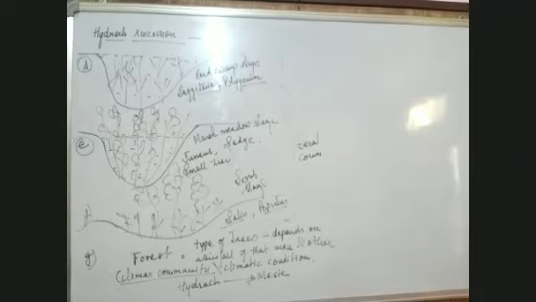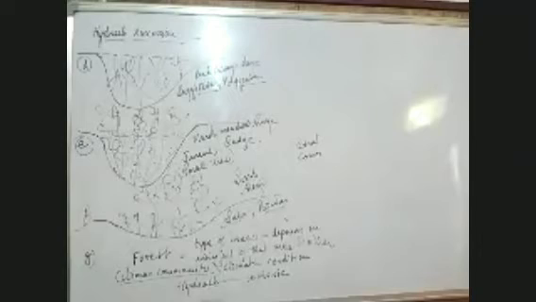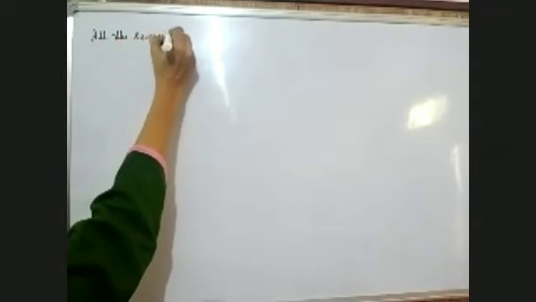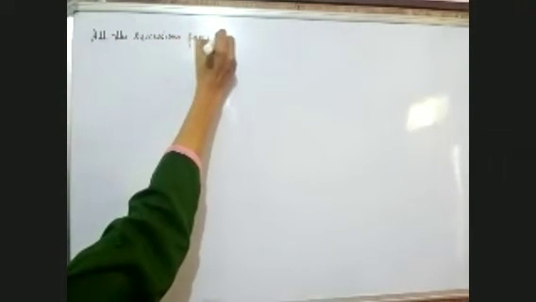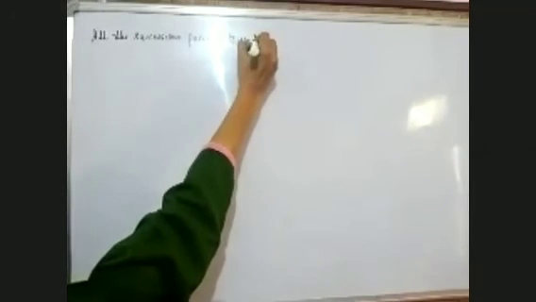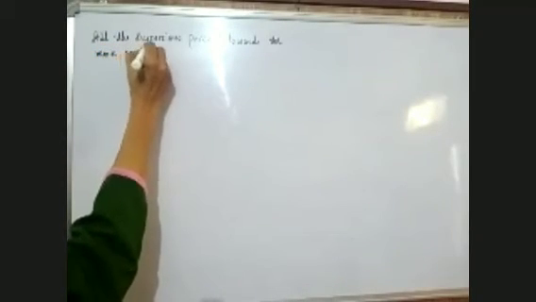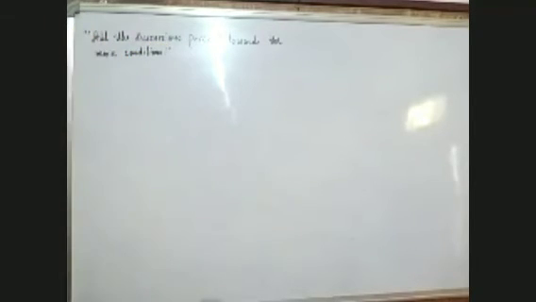This is very important. When I gave you the statement that all the successions progress towards mesic conditions, I'll write this statement here. Is it clear?